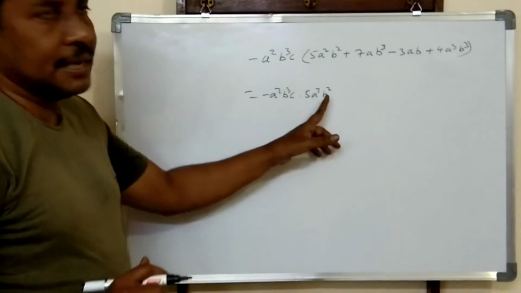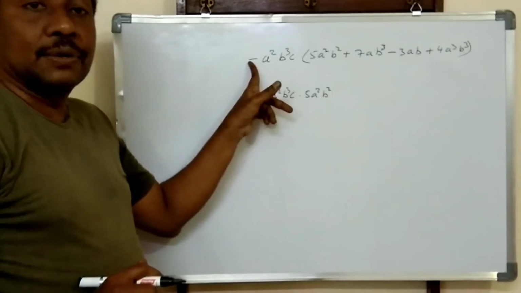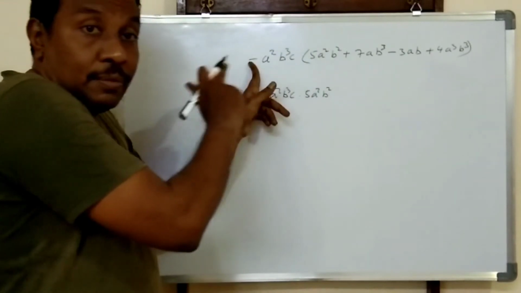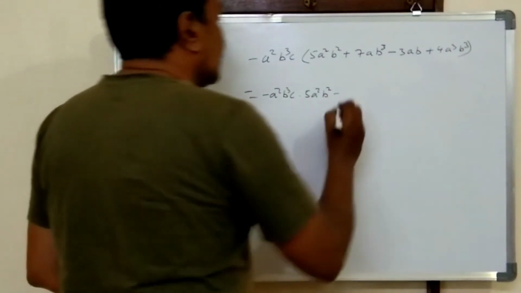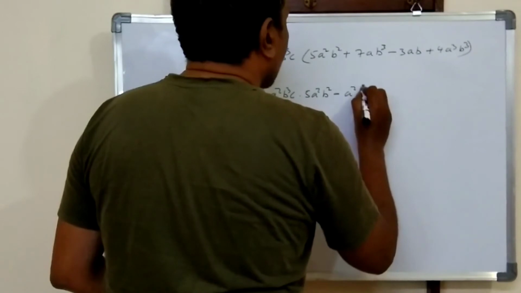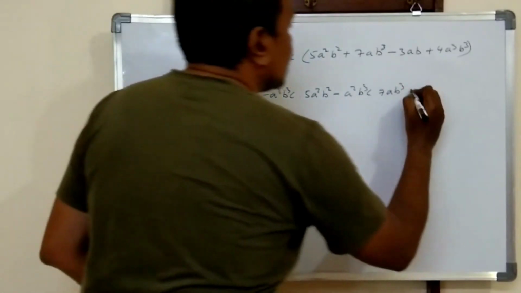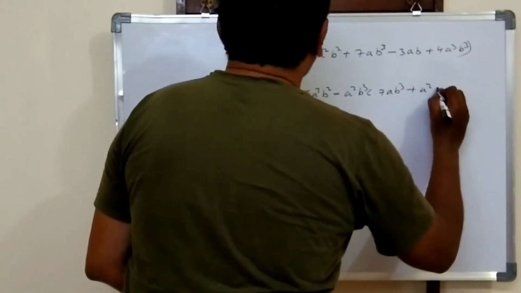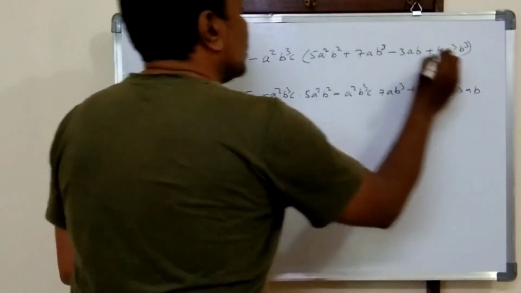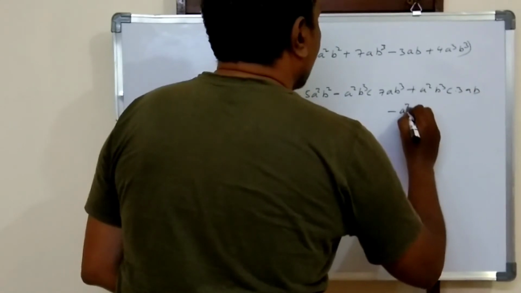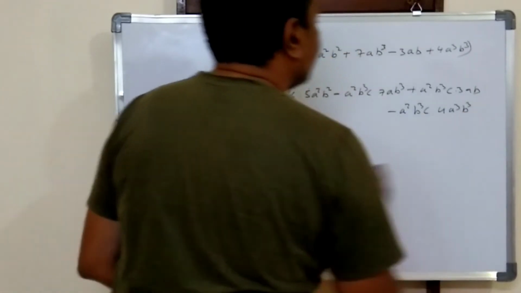What about the sign here? Minus into plus. If a monomial contains a sign, first of all you have to multiply the signs. Minus into plus is minus. Then minus a square b cube c into 7 a b cube, again minus into minus, plus a square b cube c into 3 a b, again minus into plus, minus a square b cube c into 4 a cube b cube.